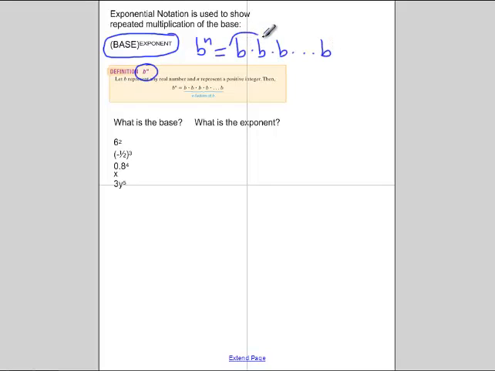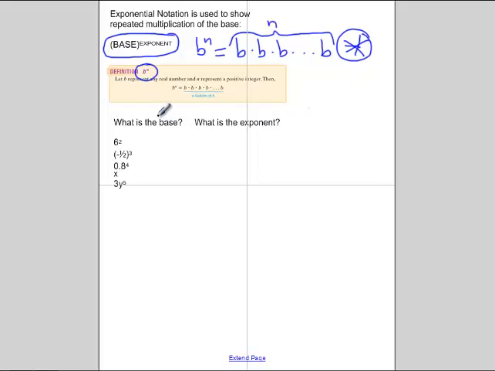So all these b's multiplied together n times is written in shorthand as b to the nth power. So b to the nth power means b times b times b, n times. That's a takeaway. If you're looking for something to add to the cheat sheet or the study guide, that's a good definition to remember.